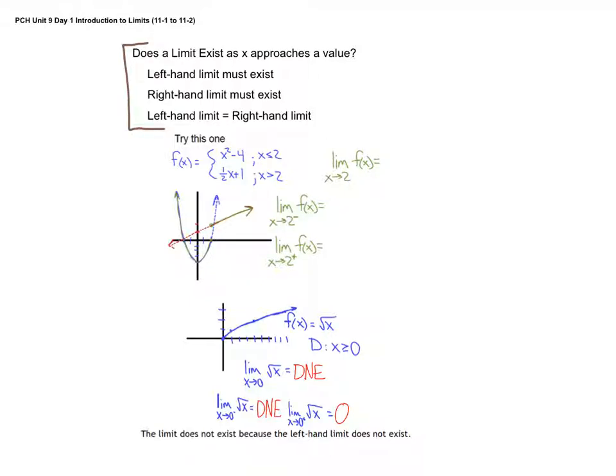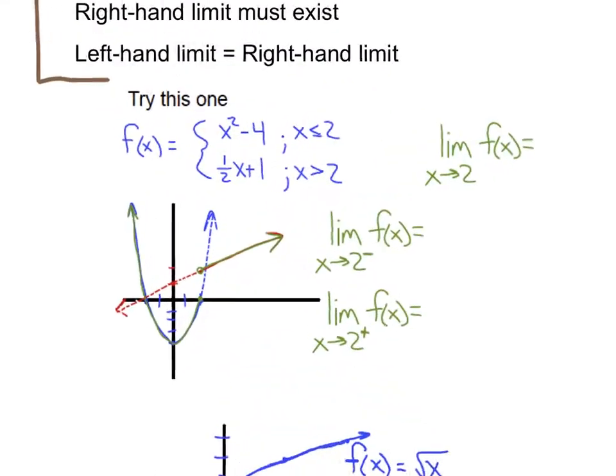There's a 3-step process to determine whether or not the limit exists. First of all, the left-hand limit must exist. Secondly, the right-hand limit must exist. And thirdly, the left and right-hand limits have to be equal. We're going to look at 2 examples here where the limit does not exist and see why.